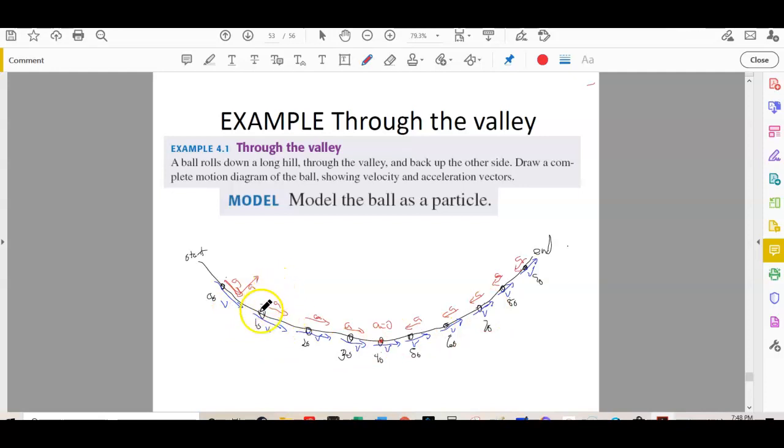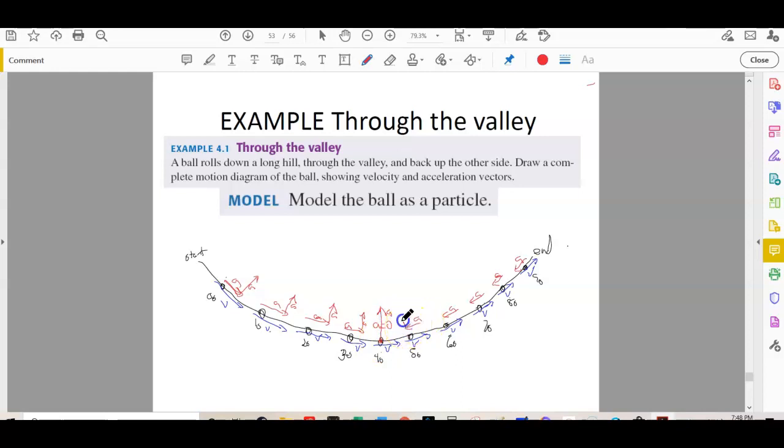So I'm imagining a line perpendicular to the path of motion, and I'm going to just add that acceleration vector here. If you think about it, you're always accelerating towards the center of the circle. At this point, even though you have a constant speed right here, you're still accelerating towards the center of the circle.